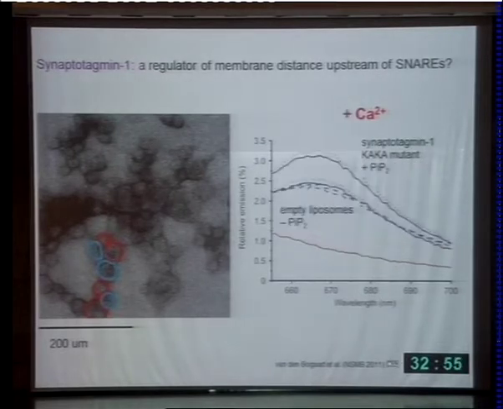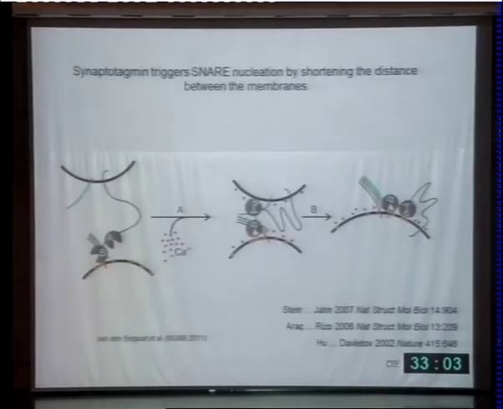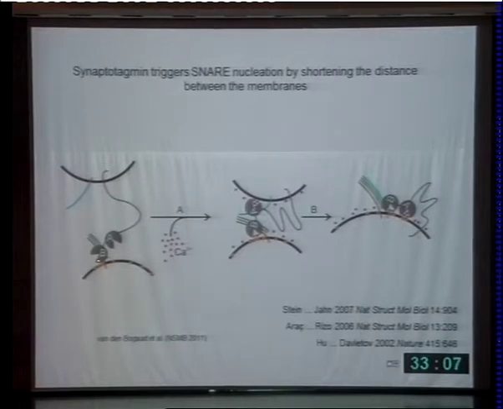And you see here when you now add calcium that you get an increase of FRET between the membranes, which is at least an indication of the shortening of the distance. Furthermore, this is the idea: we have first a trans contact made by Synaptotagmin 2, as we now know, with syntaxin PIP2 clusters, which then gets the vesicles attached to these sites.